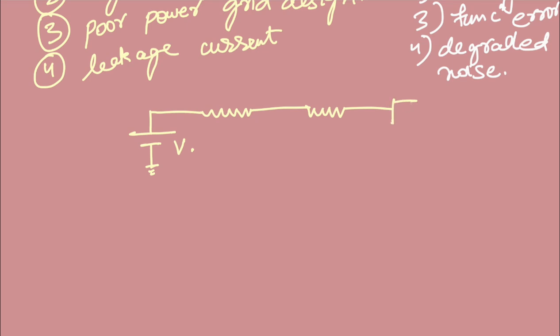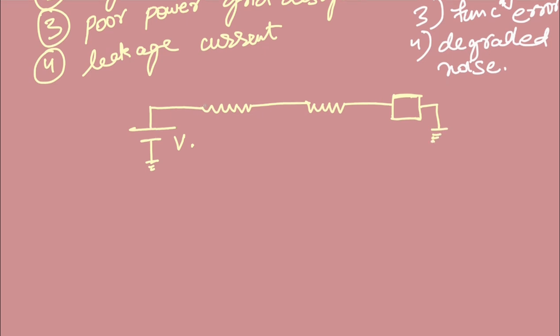Until the power comes to the standard cell, there will be some drop because of the metal. This is a visual representation of how it would be.